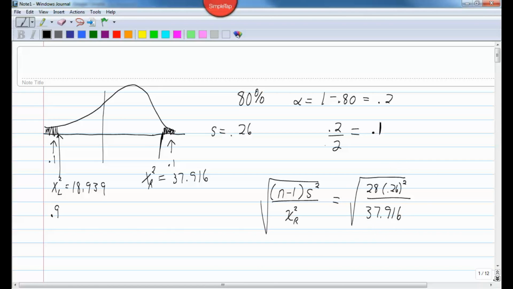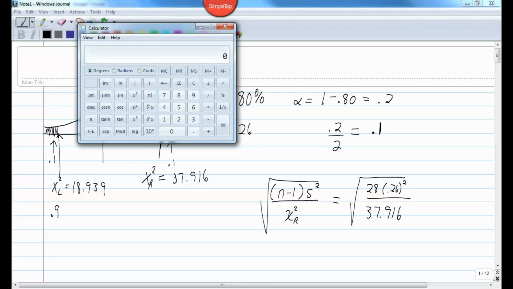All right, so I'll just pull up the calculator. I would say 0.26 squared first, then times 28, divided by 37.916, and once you do that, then take the square root. If we used one more decimal than is used with the original data set, I guess we'd have to know what the original data items were.